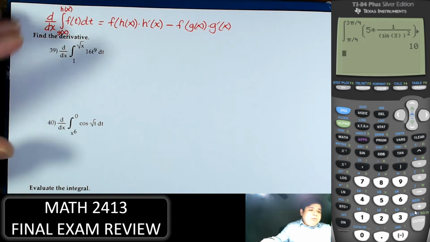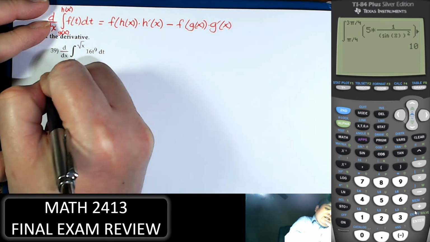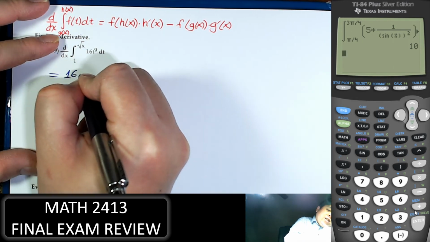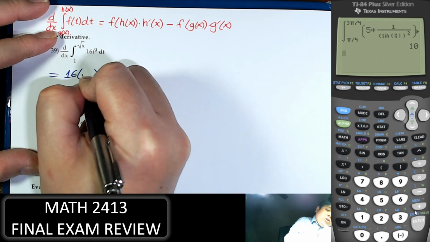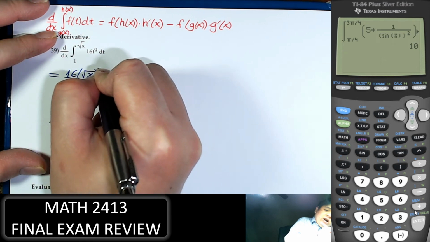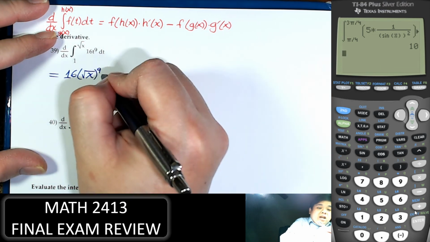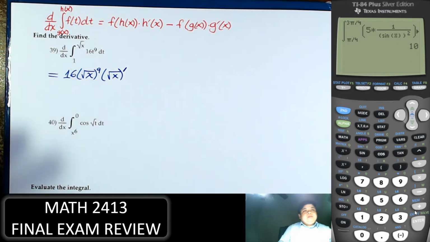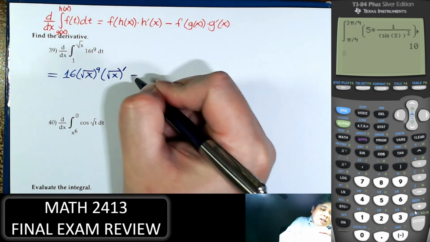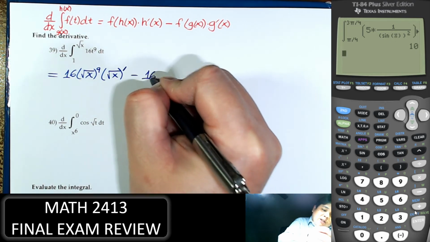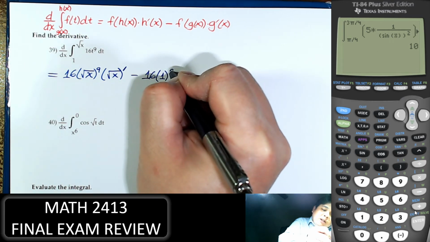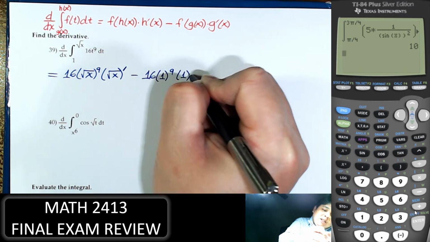Right, so simple enough. Substitute in the limit, 16 square root of x to the 9, substitute for t, and then the derivative, and then subtract, substitute in the lower limit, and then the derivative of that.